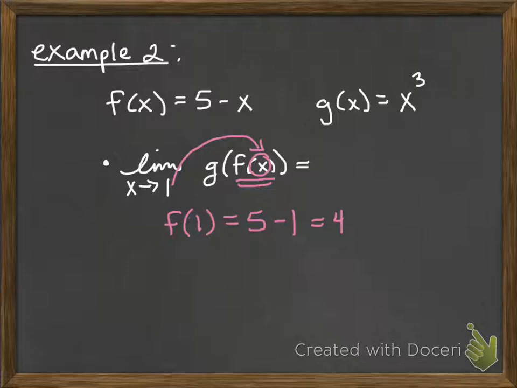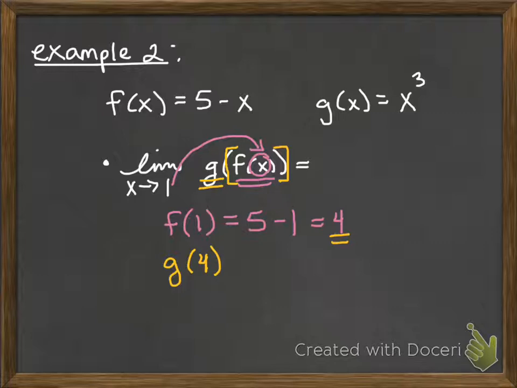The second part is taking it all the way out to the outside, which is going to be our g function. Now, this entire f of x part has now been equated to just a 4. So if I were to rewrite this entire part and replace f of x with 4, it's going to look like this, g of 4.